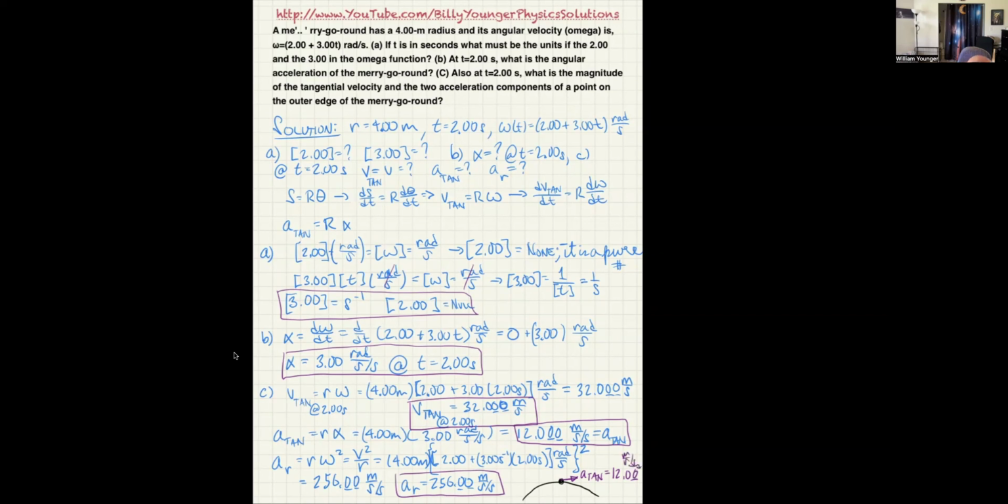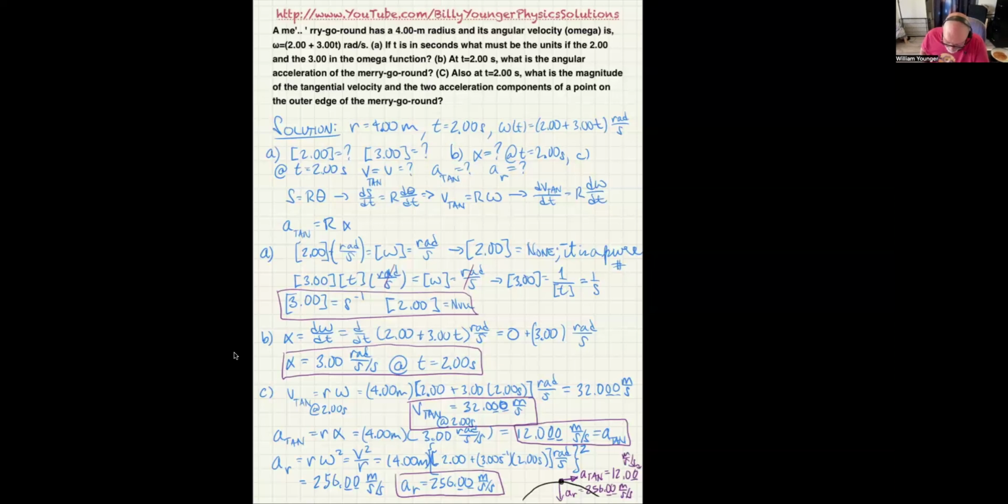Don't have the room for it, but we also have another one that's much larger. This one is A sub R is equal to 256.00 meters per second per second. So those are the two components. That's actually the way they look.